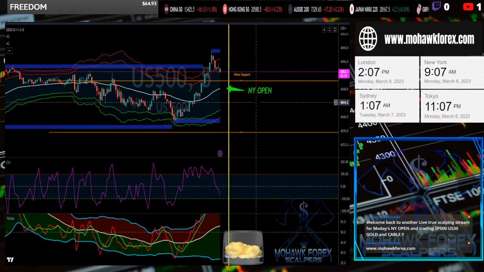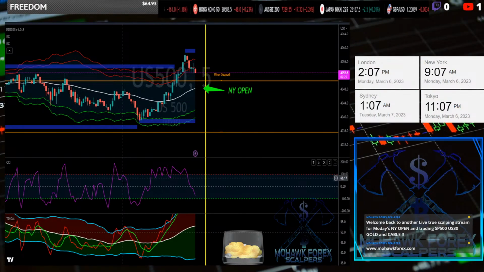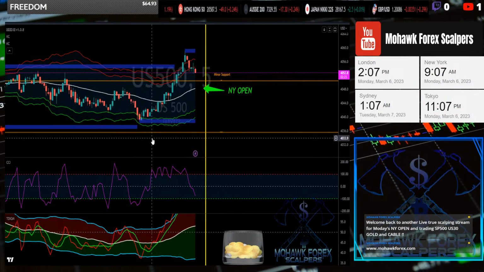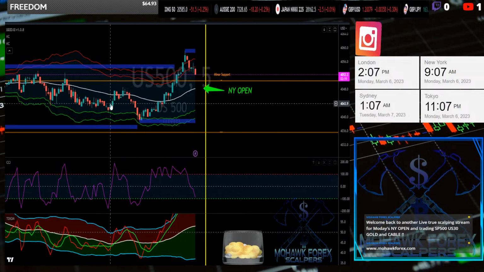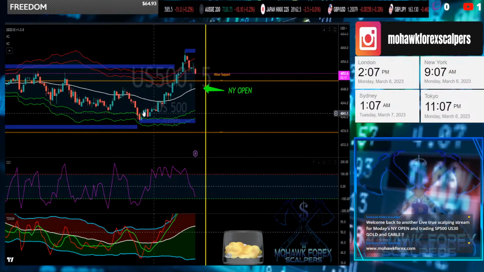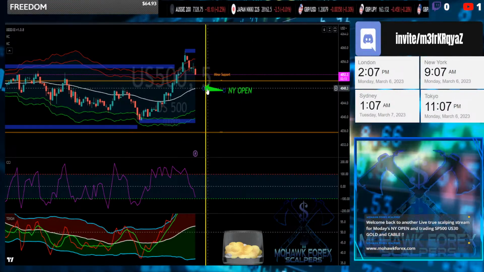I missed this just because I was at the gym at the time, so this was a good setup, and the sell here mid was also a good setup this morning. That buy was also a nice little cheeky one. So there was some nice trades this morning on the 500 already, so we'll see what the open brings.